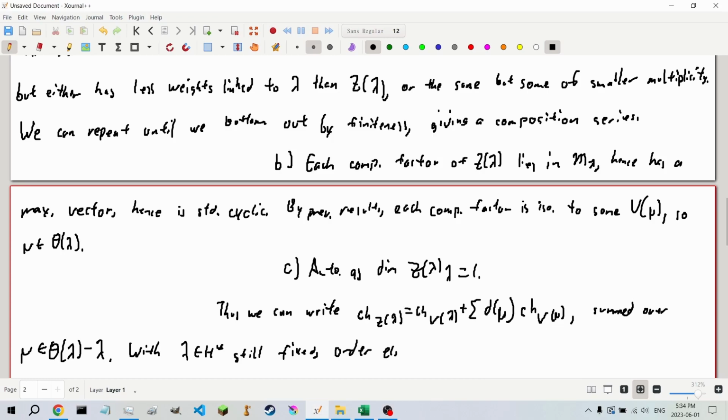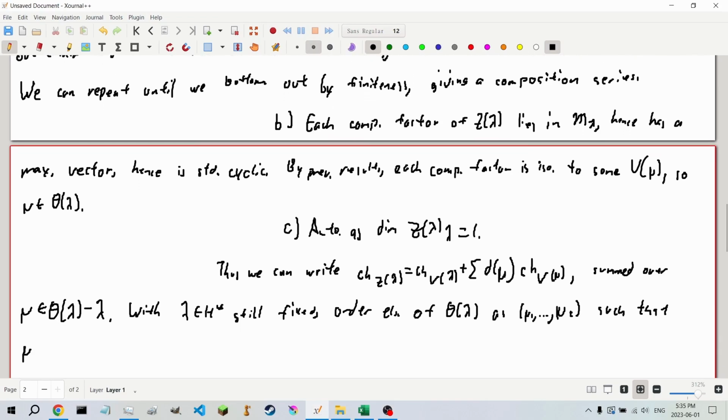Order the elements of our theta lambda as pi 1 through pi t, such that pi i less than pi j implies i is less than or equal to j. The notation they use here is kind of awkward.